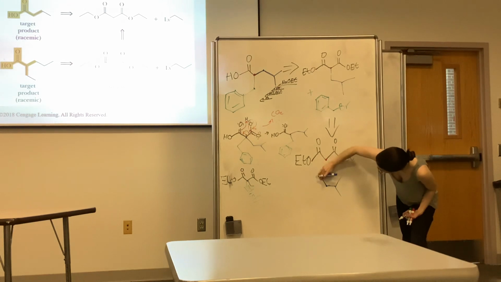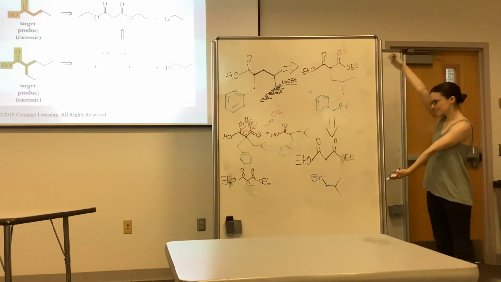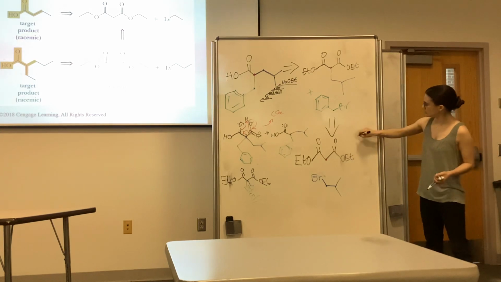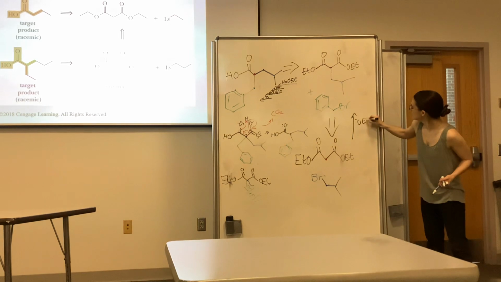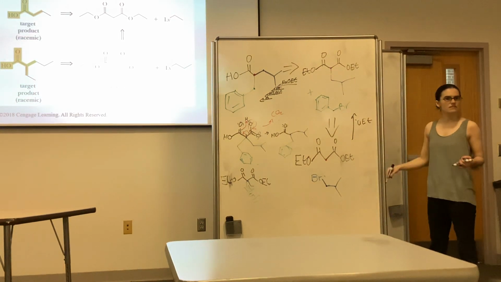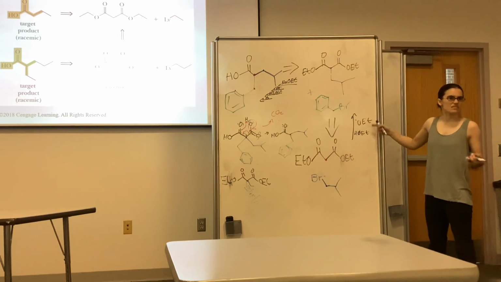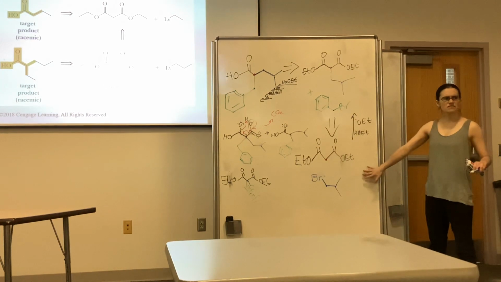So, we chuck a leaving group on there. Voila. And then just to go from this step to this step is NaOEt or OEt minus, right? Probably in ethanol, because basically we're doing a basic solution.